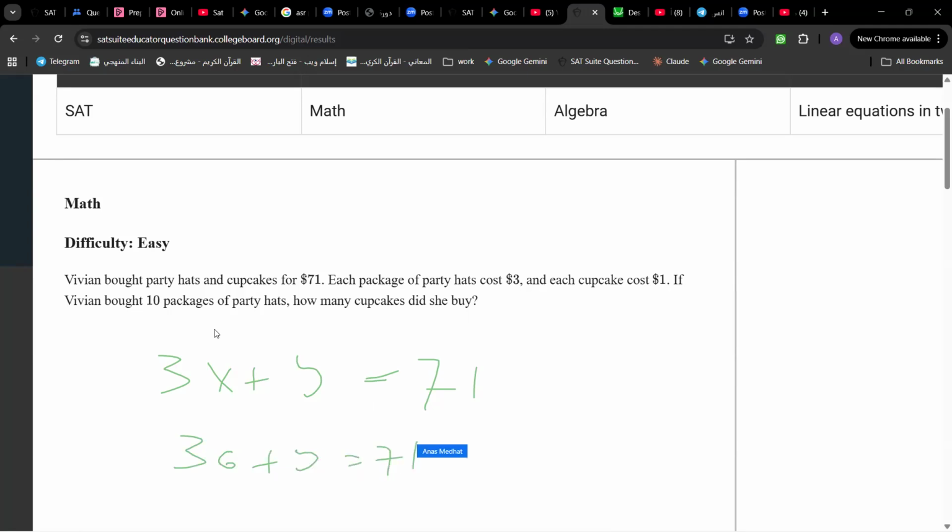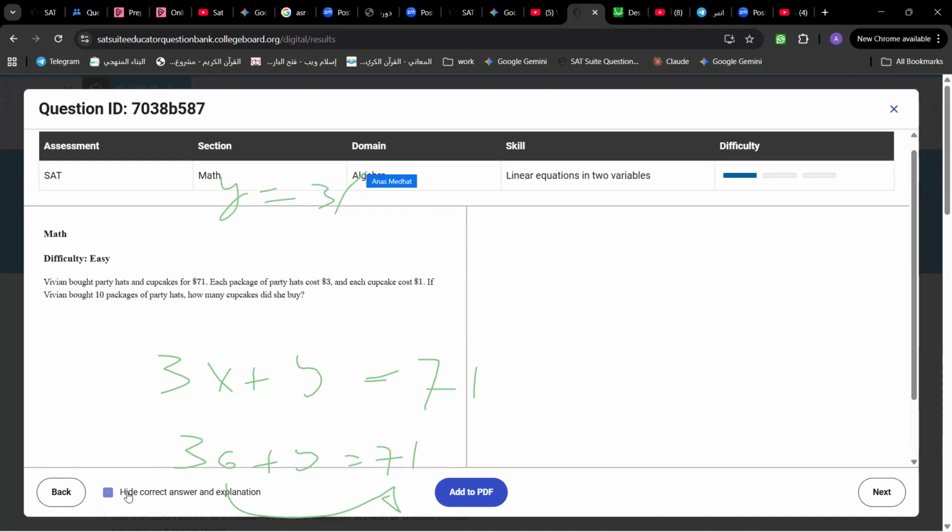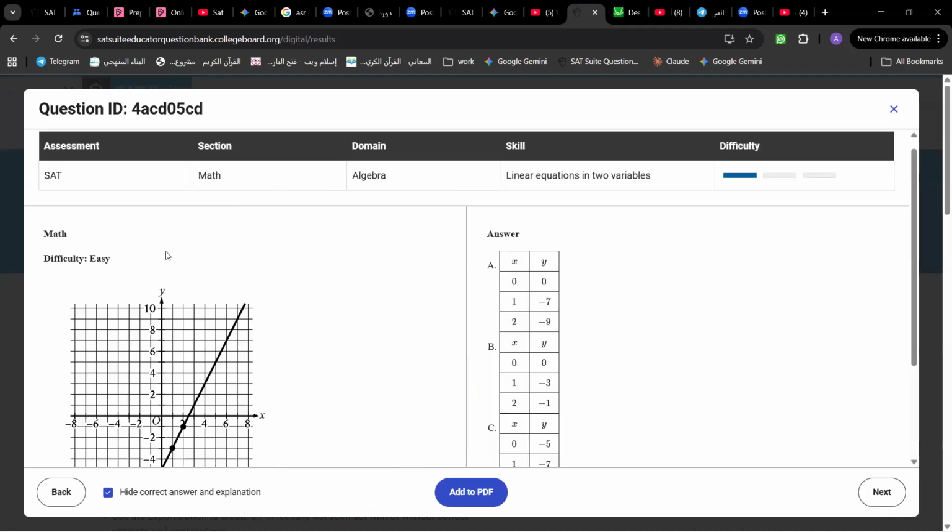Let's find y. 71 minus 36, 35. Y is equal to 35. Wrong. 71 minus 30. 41 is the answer.